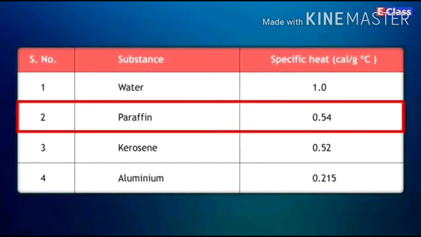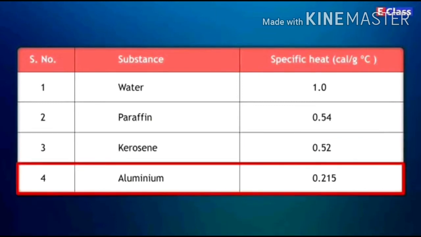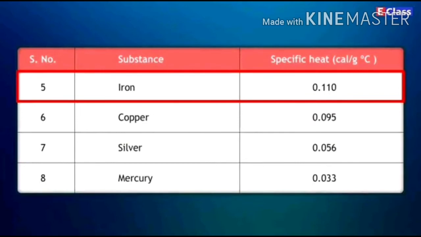Water 1 calorie per gram degree Celsius. Paraffin 0.54 calorie per gram degree Celsius. Kerosene 0.52 calorie per gram degree Celsius. Aluminium 0.215 calorie per gram degree Celsius. Iron 0.110 calorie per gram degree Celsius.